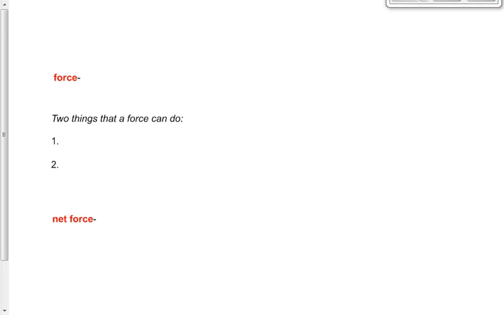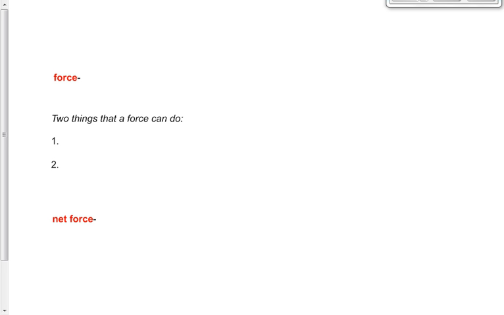Who can tell me what a force is? I know you've learned this at least as far back as grade 6, when you did a flight unit and talked about a number of different forces, including a lift force and a drag force. You can tell me what a force is.